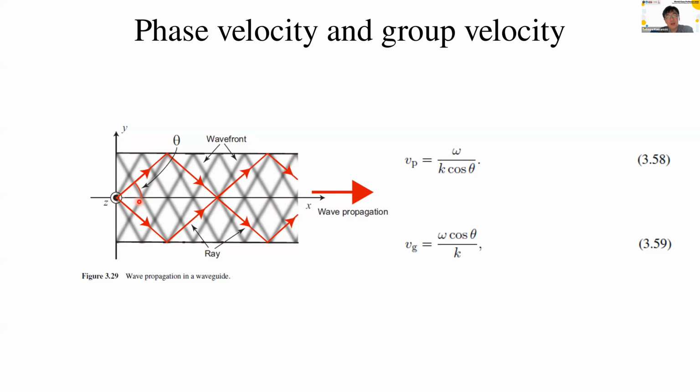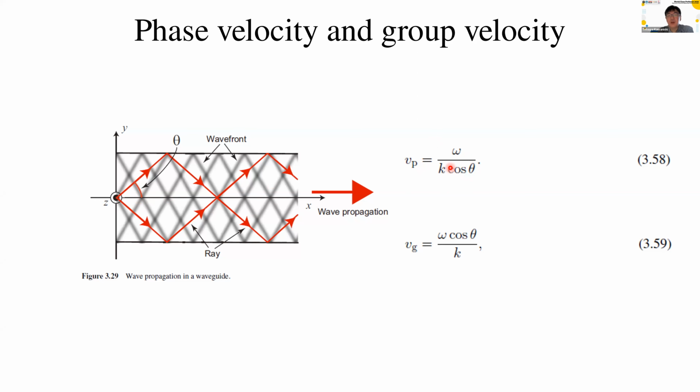In that case, the phase velocity, as I mentioned in the lecture, can be described by this equation. Of course, the cosine theta would be smaller than 1. That means the phase velocity would be faster than the velocity in vacuum.